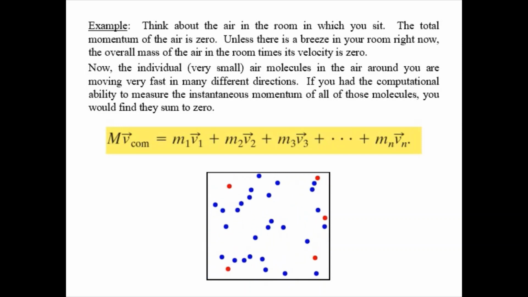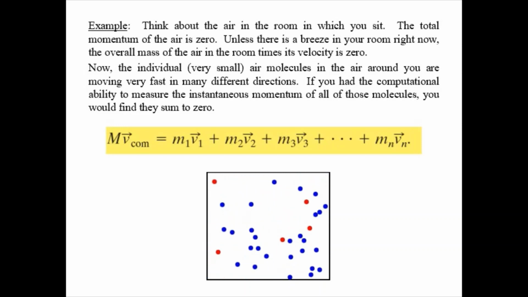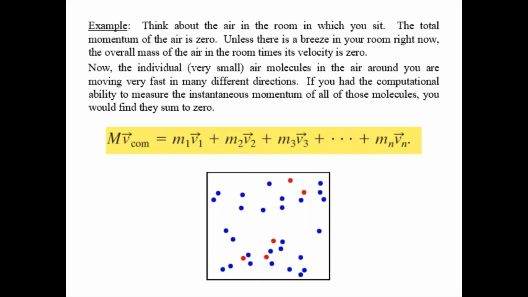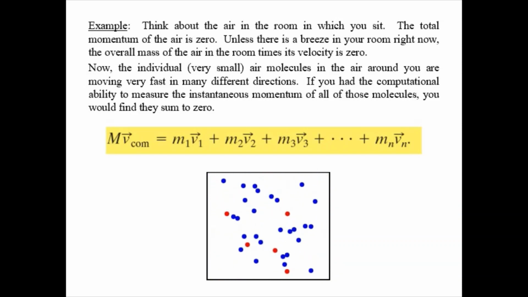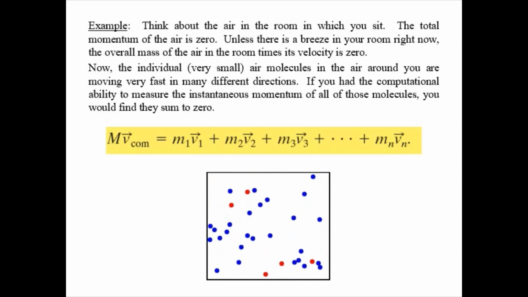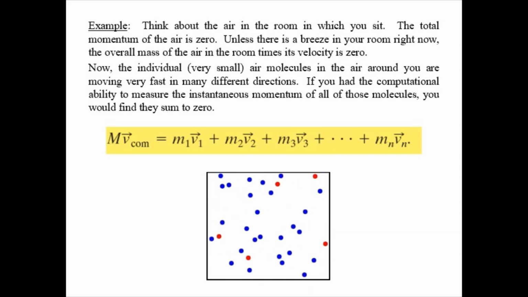And it's not moving, right? The air is not moving through your room, and therefore the total momentum of the air in your room is 0. Now, interestingly enough, the air is made up of all kinds of little particles, molecules, I should say, of air, right?